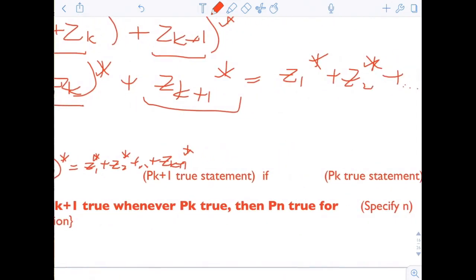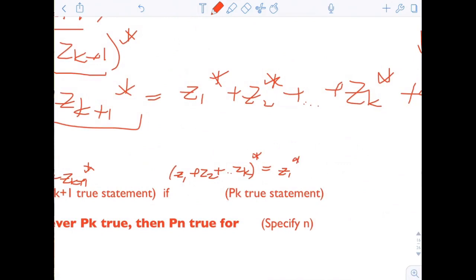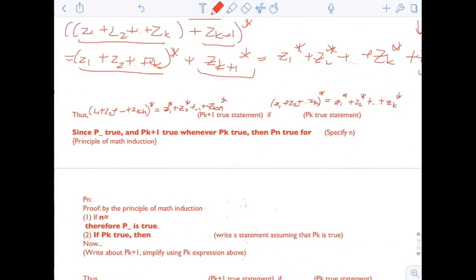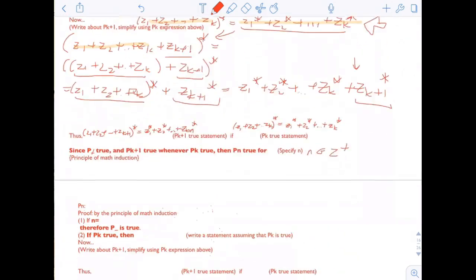If, and then we're going to put the exact same thing, except now we're going to put z1 plus z2 plus dot, dot, dot, all the way to zk only conjugate is equal to z1 conjugate plus z2 conjugate plus dot, dot, dot, plus zk conjugate. Okay? So since p1 is true, and pk plus 1 is true whenever pk is true, then p of n is true for all positive integers n. Oops. I was so used to drawing conjugates, I made that into a star. Okay, and that is it for page, is that page 10?